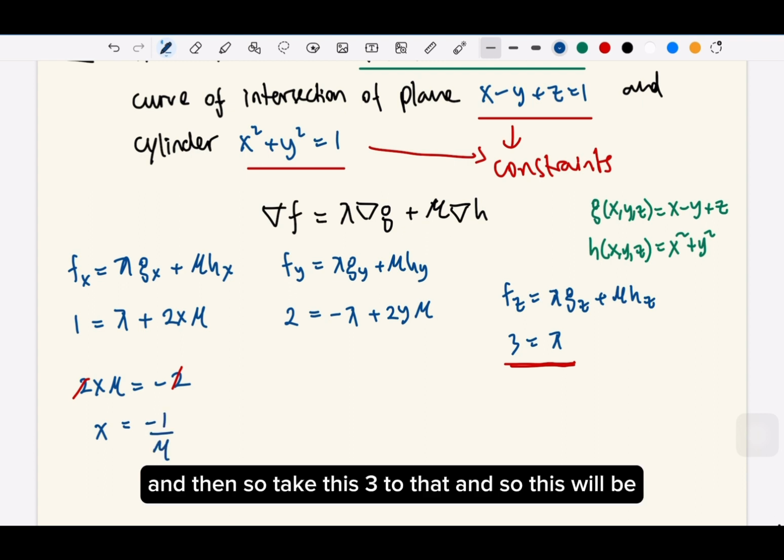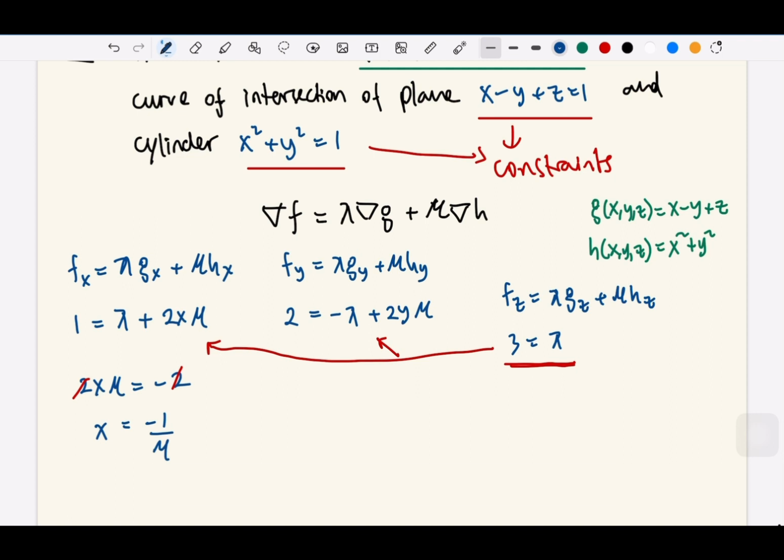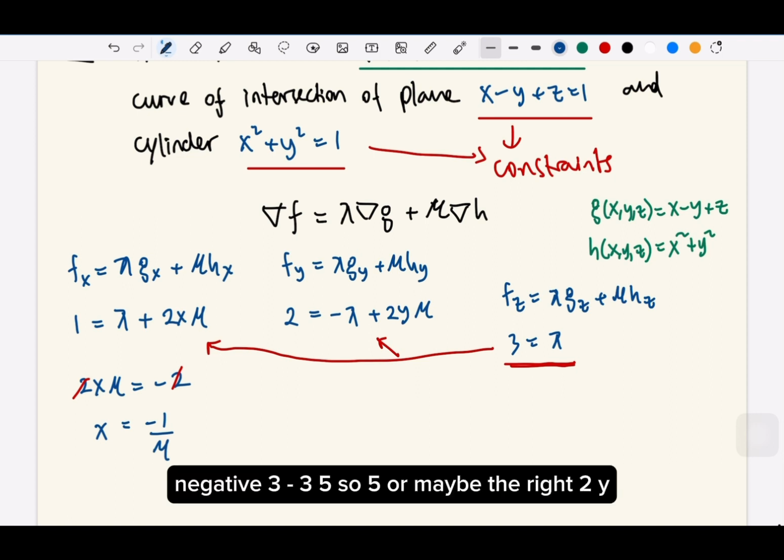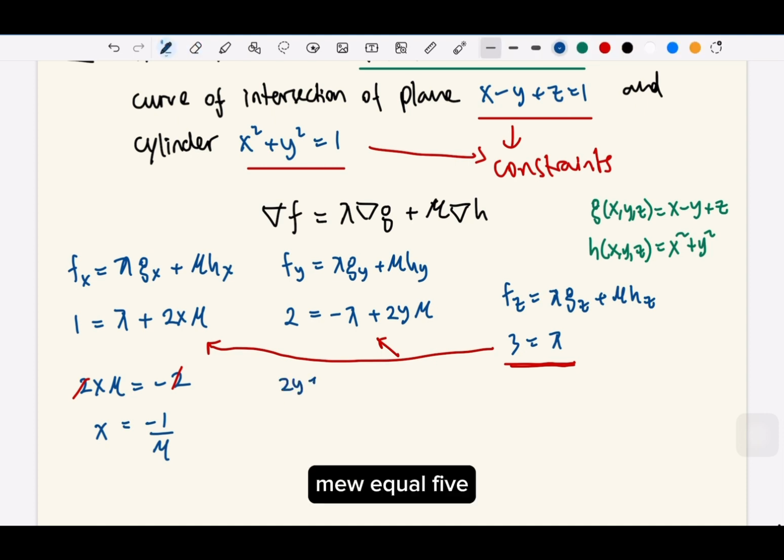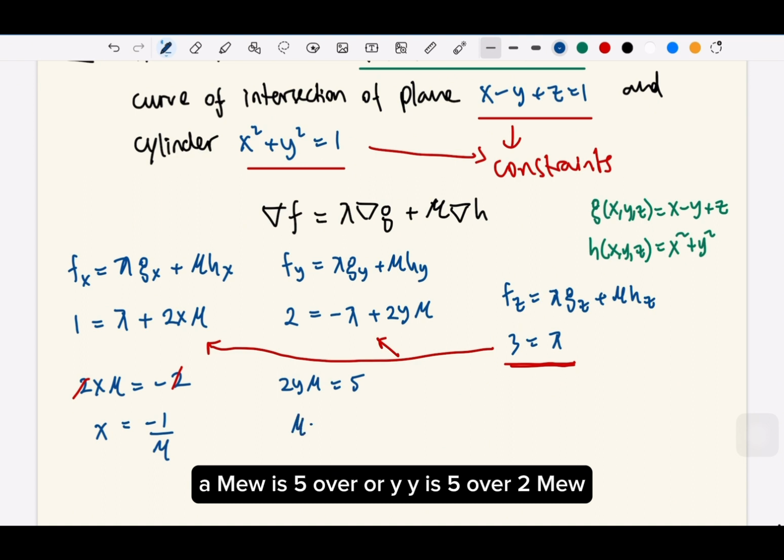And then take this 3 to that and that, so this will be negative 3. Negative 3 is 5, so 2y mu equals 5. Y is 5 over 2 mu.